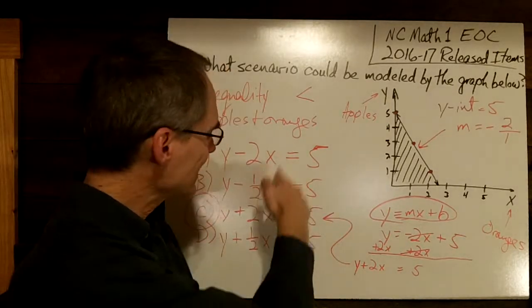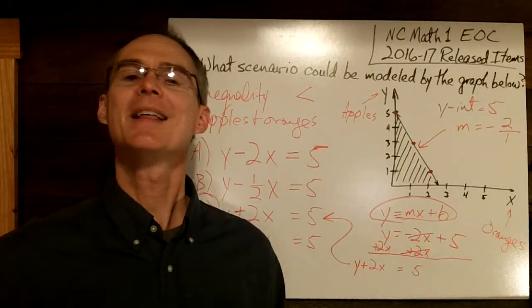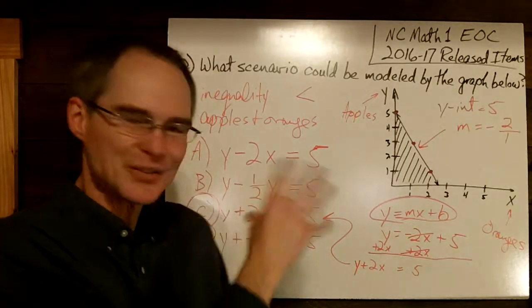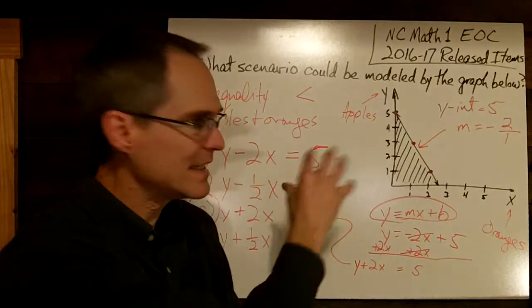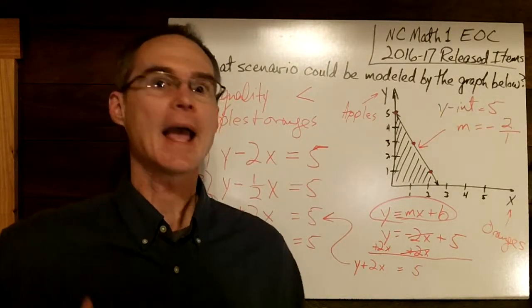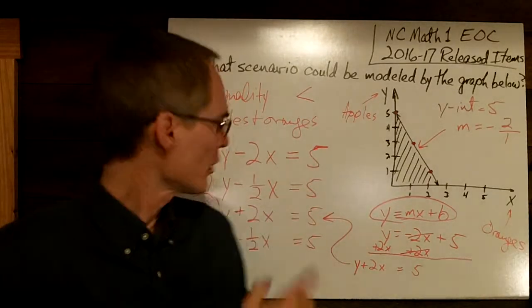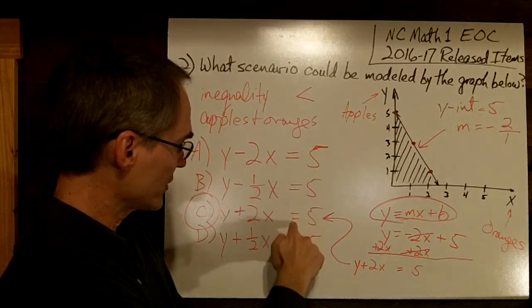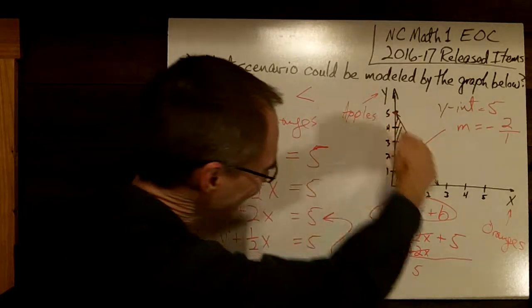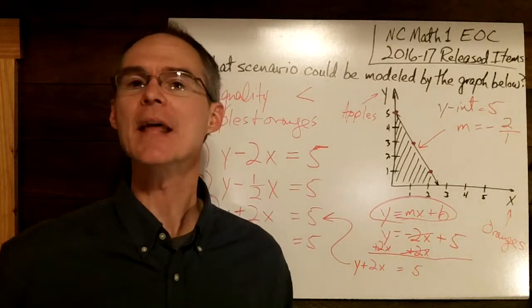But I didn't actually need that in order to find the correct answer choice. That's often the case, that you may not need to have every detail of the problem in order to solve it correctly. And if you don't need to worry about whether this is less than or greater than, then don't worry about it. And that's what I did. I just wrote those down as equalities. Technically, this is an inequality, but it didn't really matter because I didn't need that information to solve the problem.